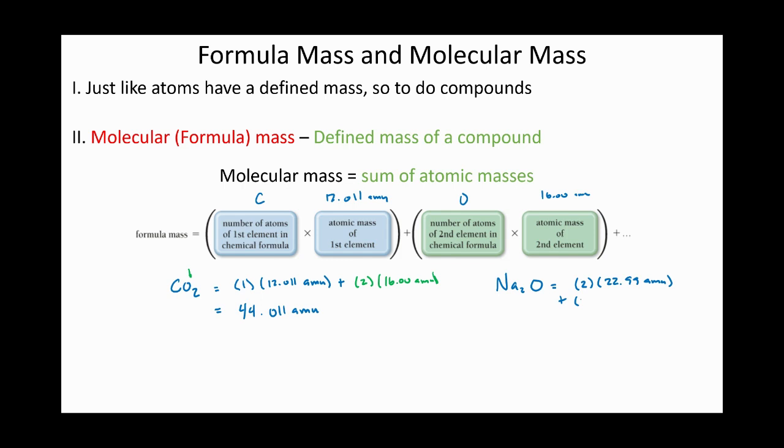You add your single oxygen, so 1 times 16.00 atomic mass units. You sum that together, and you'd find that the formula weight for sodium oxide is 61.98 atomic mass units. We'd say this is a formula weight because we have an ionic formula. The previous one is a molecular weight because we have a molecule.